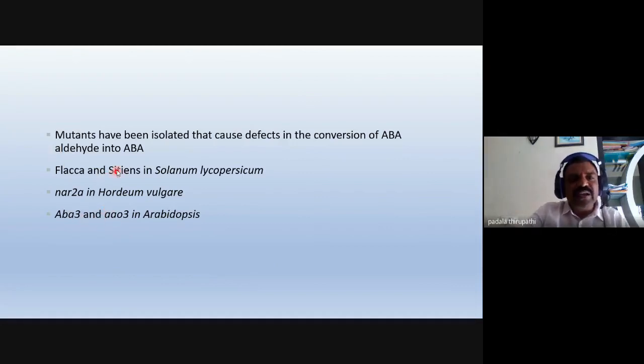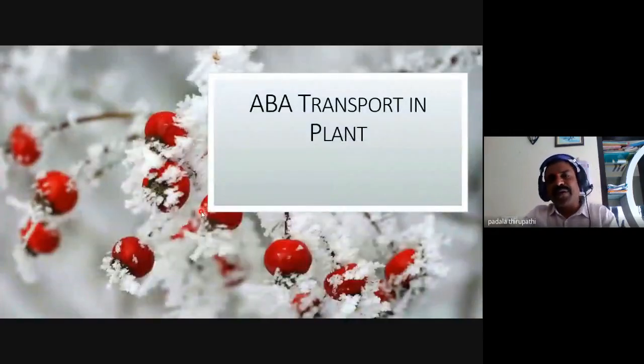Flacca and sitiens are observed in Solanum lycopersicum, the Solanaceae family, such as Solanum melongena and Lycopersicum esculentum. These plants contain ABA-modified structures, flacca and sitiens, and Nar2A in Hordeum vulgare, barley seed, and then ABA3 and AAO3 in Arabidopsis thaliana. These are the plants that show this ABA deficiency.